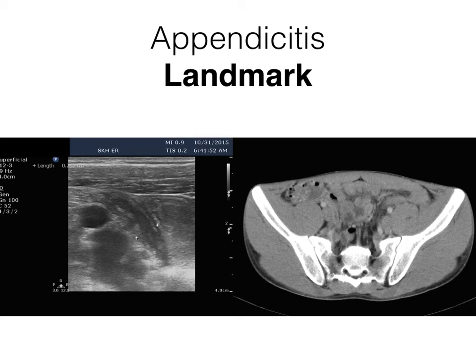Initially, if you are trying to identify the appendix, trying to identify the anatomy, you will definitely find in every patient, every scanning: put the probe transversely, and we will see the iliac crest, the psoas muscle, the iliac vessel. Where is the appendix? The appendix could be in the pelvis, in the typical location, retroperitoneal, or lateral.